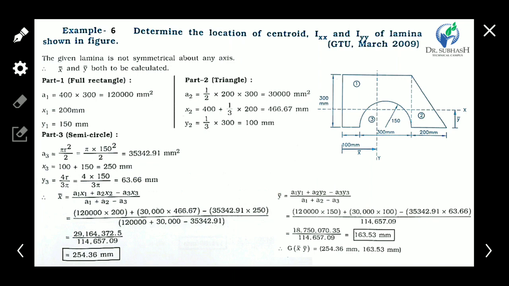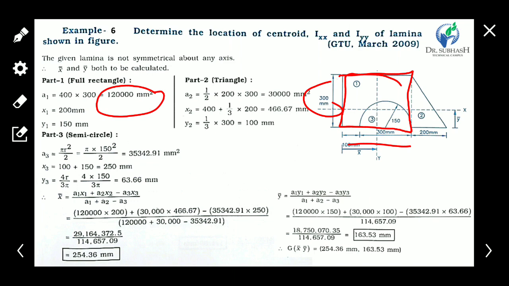So we have to find out the area, x1, y1, x and y for all three elements. First go for the rectangle, the first element. Area of this first element is 400 into 300, so 120,000 mm square.